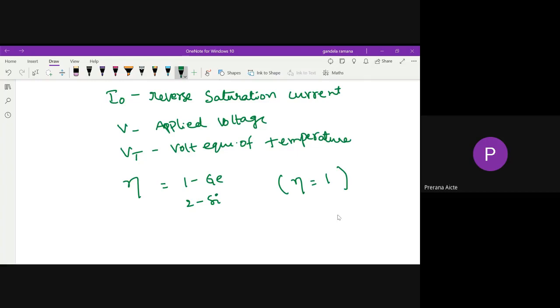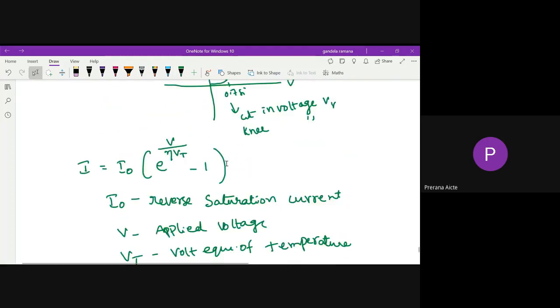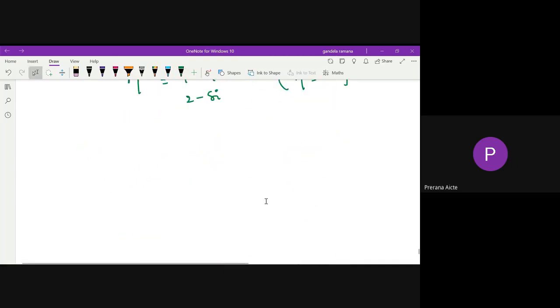In reverse bias, what happens? The exponential term in the diode current equation becomes 0, so I is equal to minus I naught. In forward bias, the width of the depletion region is reduced.